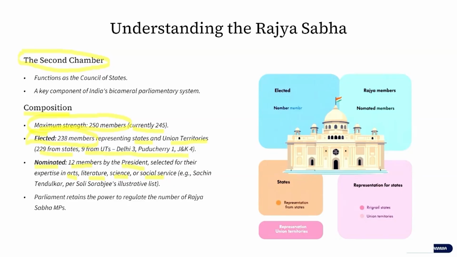Now, can we give an example of a nominated member of Rajya Sabha? It is the president who has the power to nominate them. But the ultimate decision lies with whom? Can the president nominate on his or her own?